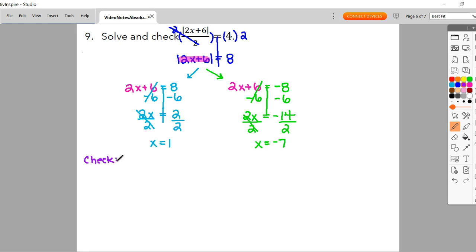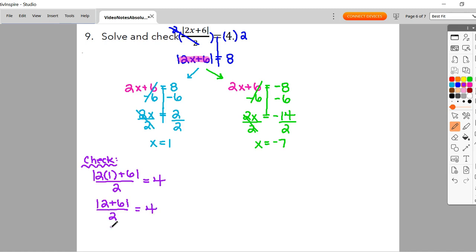Checking the first one we solved for by plugging it in the original problem where x is located. Remember, you're going to do your PEMDAS or GEMDAS order of operations here. So I do my multiplication inside that absolute value to get 2 plus 6 now, because 2 times 1 is 2, and I keep everything else as is.